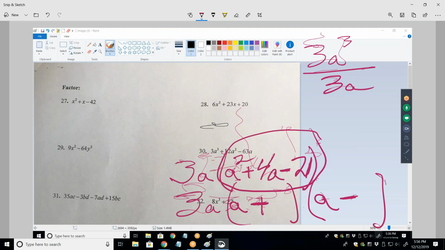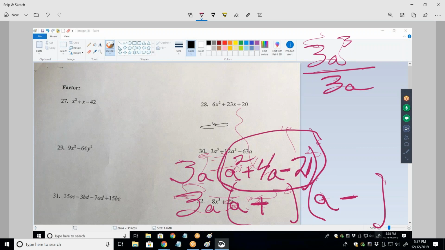So it's factors of 21 that do what? Subtract to 4a? Not to 4a, to 4. Yeah. You're only dealing with the coefficient. So what two numbers multiply to 21 and subtract to 4? 7 and 3.